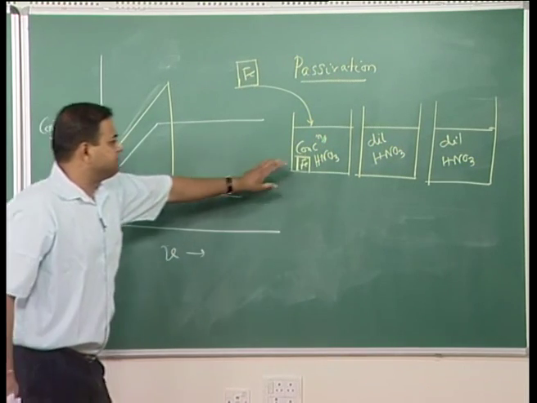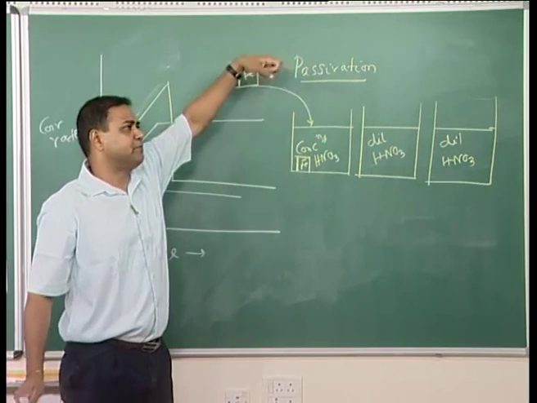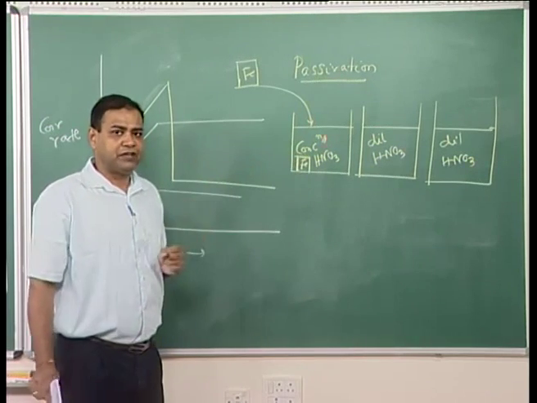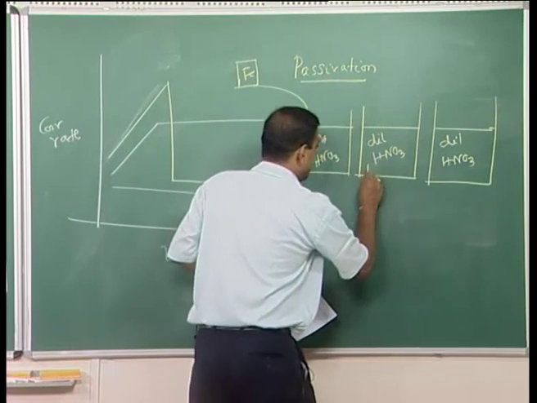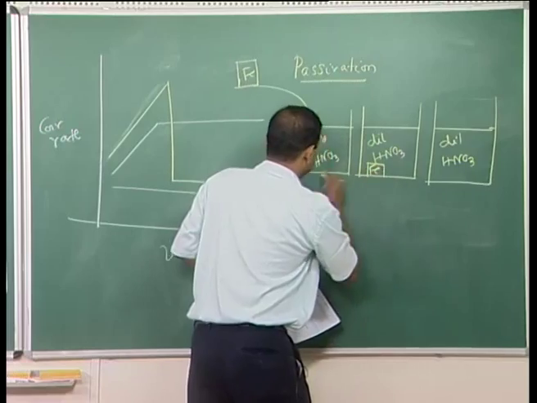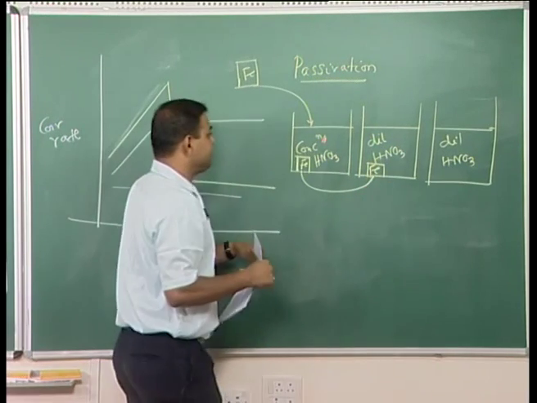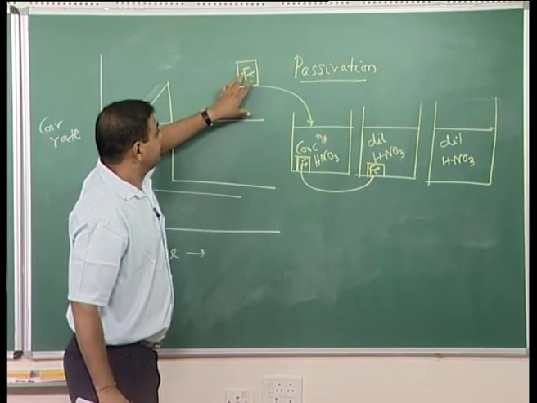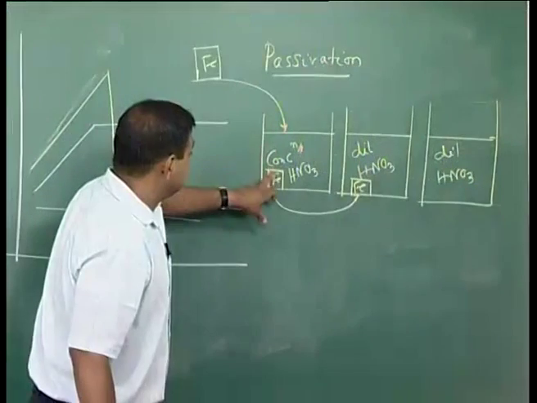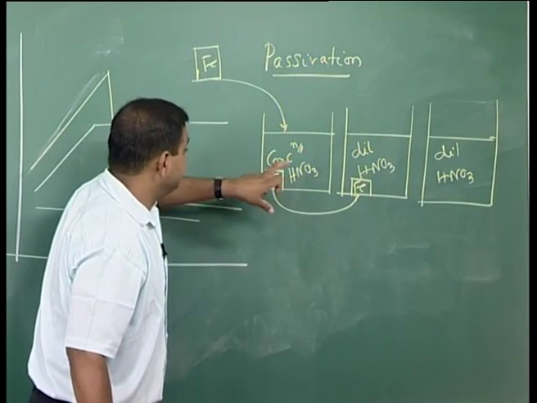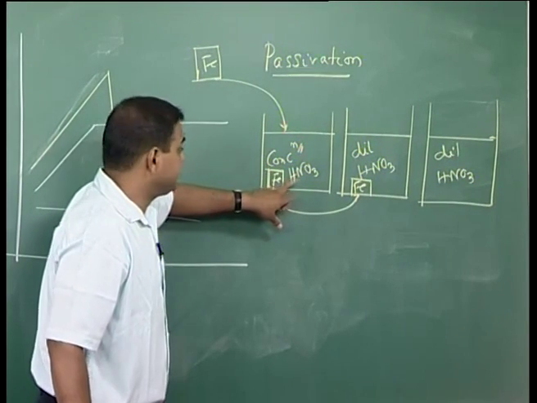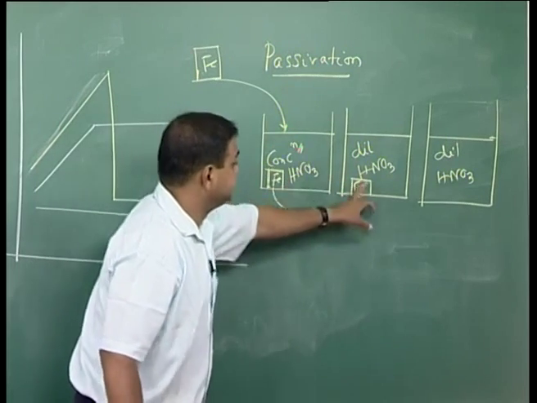The same iron piece he picked up from the concentrated HNO3 and put in dilute HNO3. The same piece he has put here, not a fresh one, rather the piece that he dipped in concentrated HNO3, he took that piece and put it here.